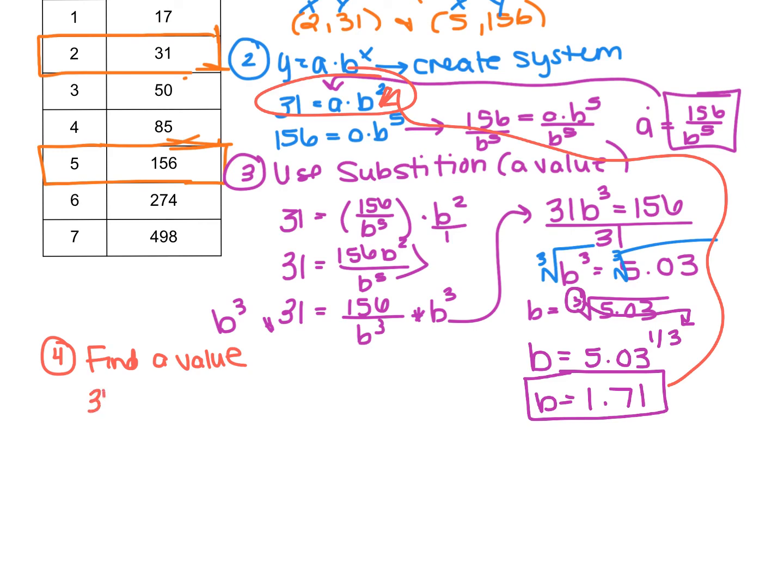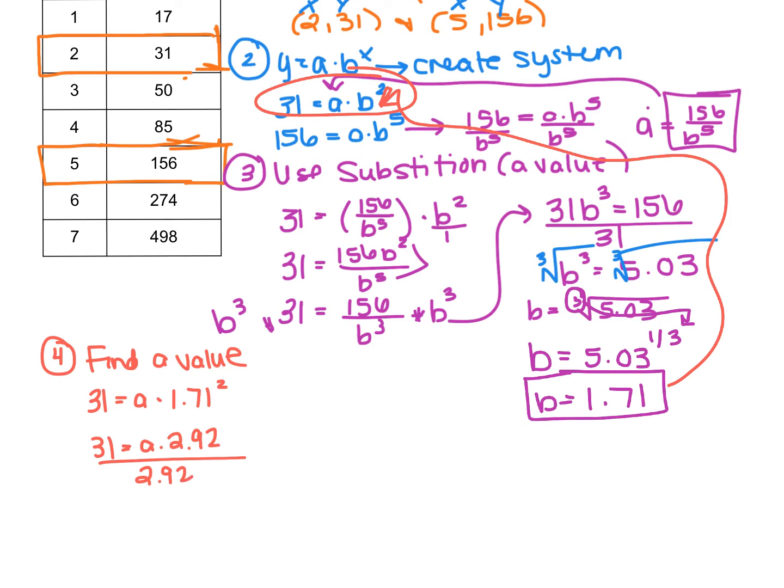So here we have 31 is equal to a times my b value of 1.71 squared. Well, 1.71 squared ends up being 2.92. Divide each side by 2.92.